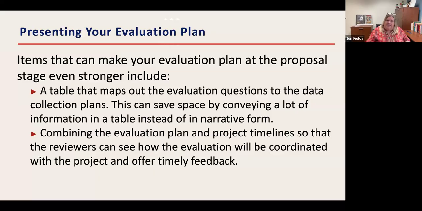And also seeing that you have built in that iterative function: we're doing the evaluation here, we're analyzing it, and then we're going to meet and discuss and make changes if necessary before we run this the second year. So those two things can really help a proposal be digestible by the reviewers and help them understand that you do have a solid plan. A summary chart or table, and then some timeline element.